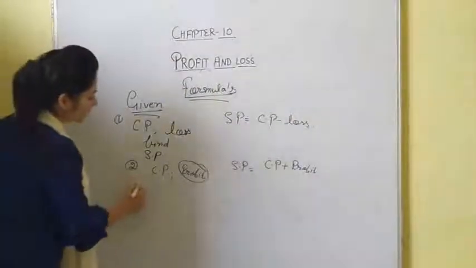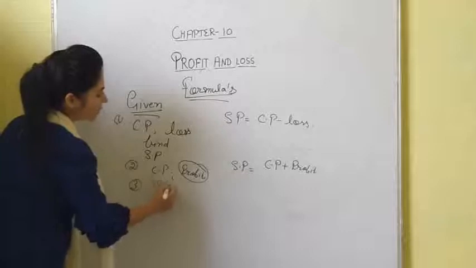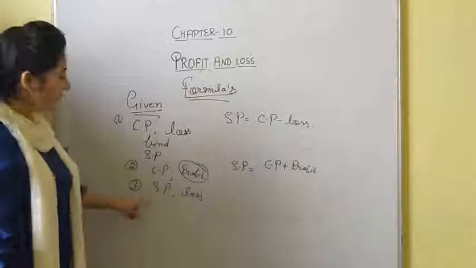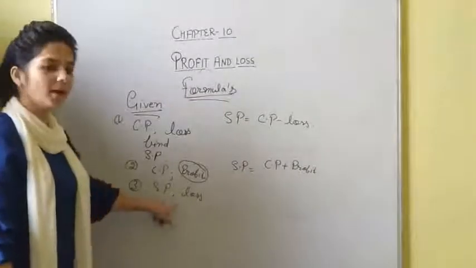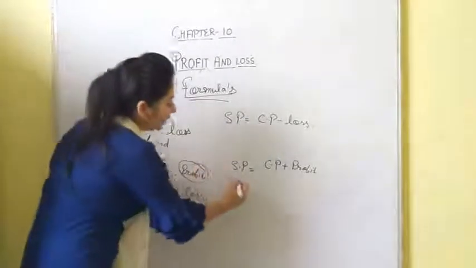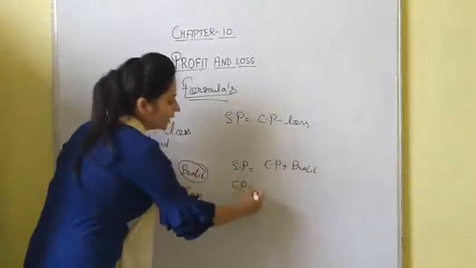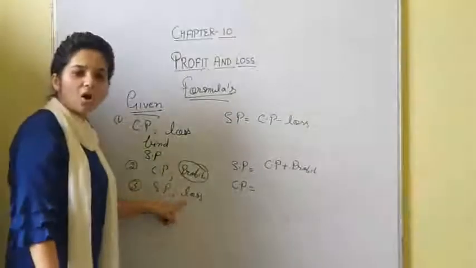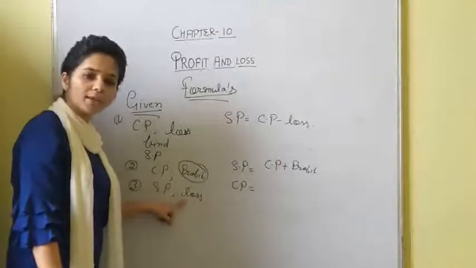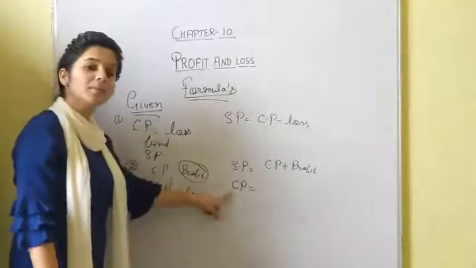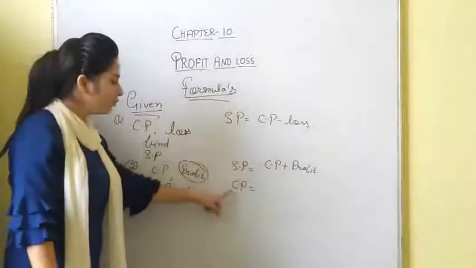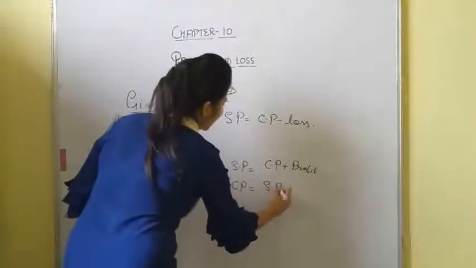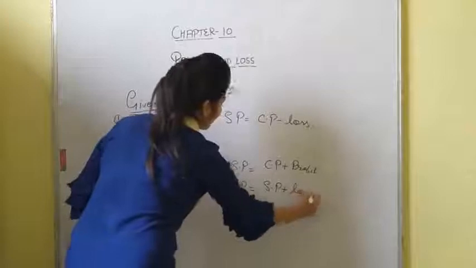Next formula is when we have SP and loss, and we have to find out CP. हमें cost price find out करना है in case of loss. अब आपको पता है loss के केस में हमारा CP greater होता है. So formula of CP is SP plus loss.